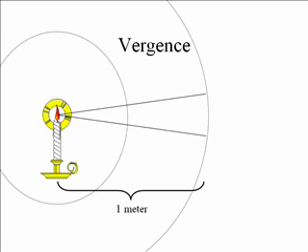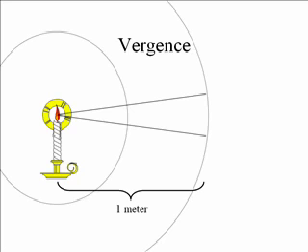Now, you're going to read in textbooks or hear in other lectures that vergence is a description of the shape of a wavefront of light coming off from an object. I don't want you to think in those sorts of terms. I'm going to present this in a very problem-solving oriented way.